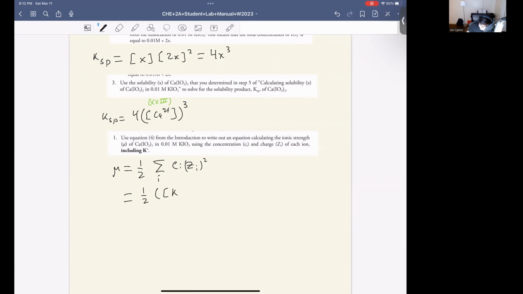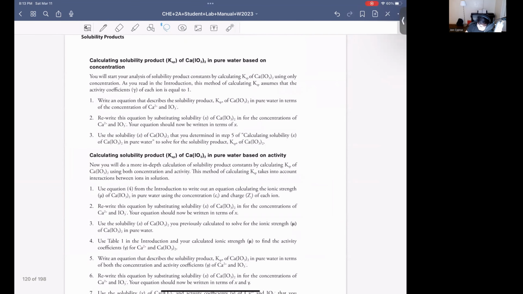So this is going to be the concentration of potassium times 1 squared, which simplifies to 1, as it has a charge of positive 1, plus the concentration of calcium times 2 squared plus the concentration of iodate times negative 1 squared. And then they want you to write it in terms of X.